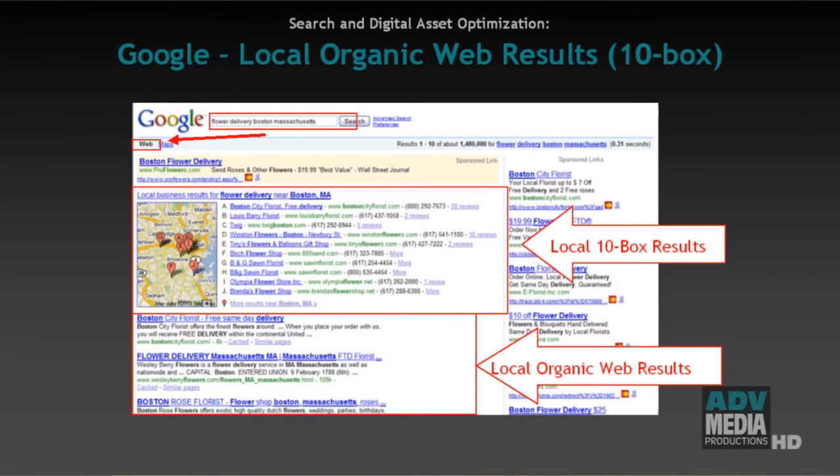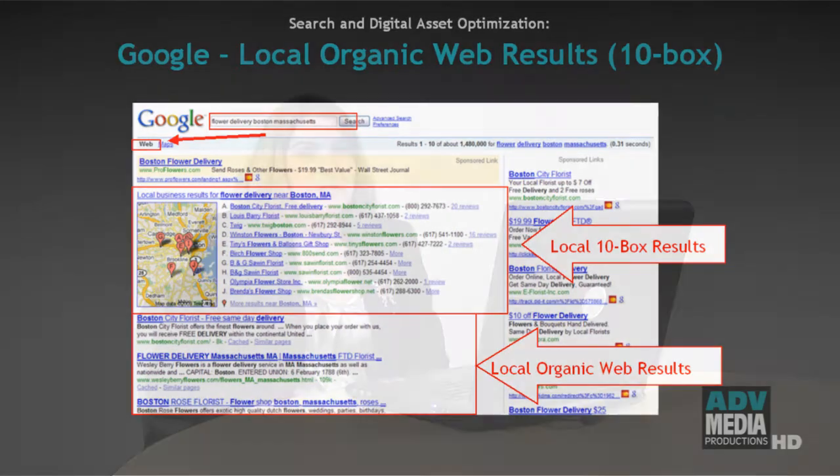Basically, with local intent, there are a couple ways that Google understands your local intent. One is that you can actually put in a local intention. So for example, if I'm looking for a flower delivery service, I could put in Boston, Massachusetts, and I automatically get a local intent.